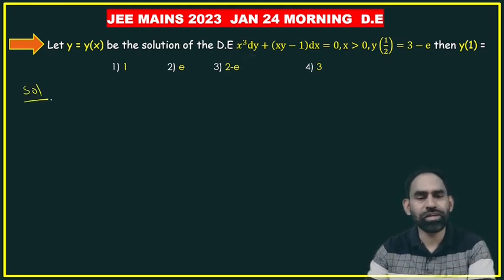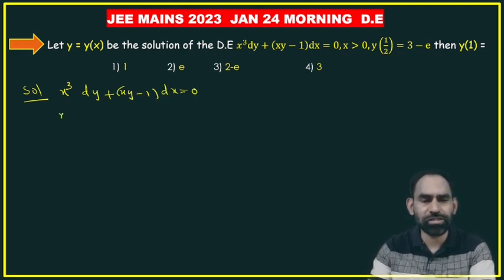Solution. Given differential equation: x³dy + (xy − 1)dx = 0. This implies, find dy/dx from this. You will get x³dy = −(xy − 1)dx.